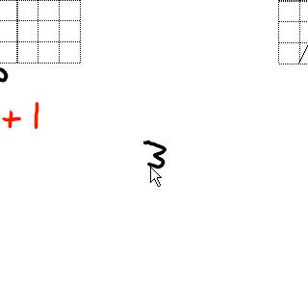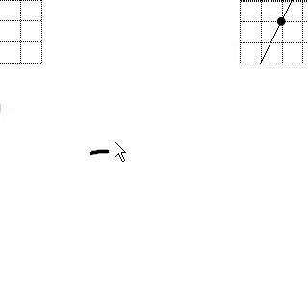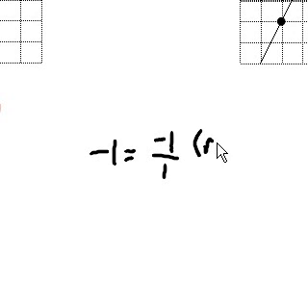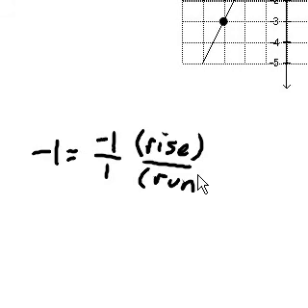Because any whole number is equal to that same whole number divided by 1, or 3 is equal to 3 over 1, for example. So in our case, negative 1 is equal to negative 1 over 1, which now allows us to actually see the rise and the run. So let's see how useful this is for us.